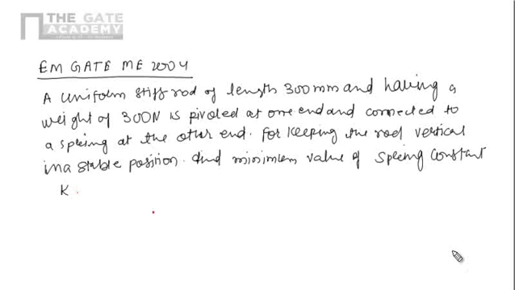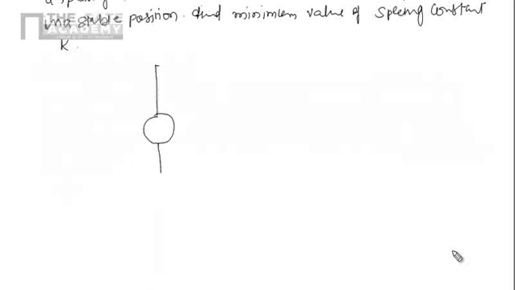K. So now I will just draw the diagram here. This one is the weight here, and here it is hinged. This distance is given, that is 150 mm, and this distance is also given, that is 150 mm.